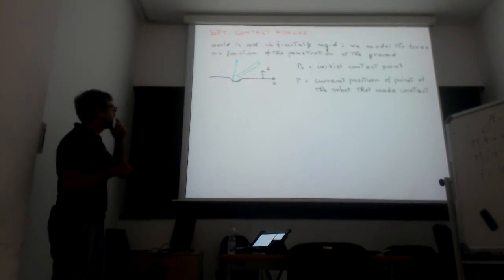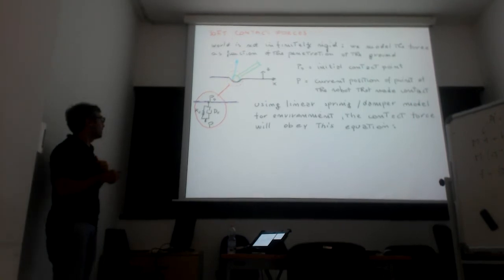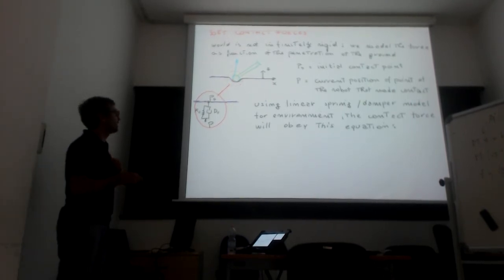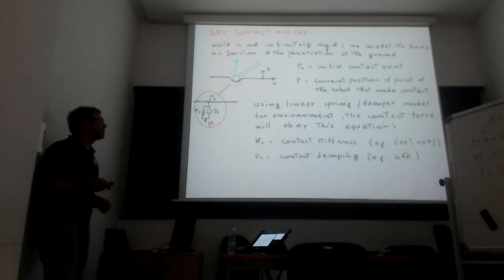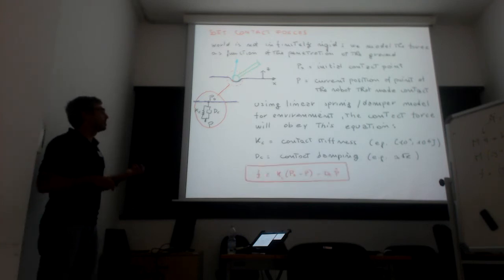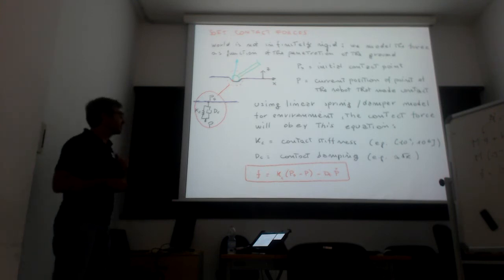So if you think about the initial point in which the end effector touches the environment and the current position of the end effector whenever it's penetrating the environment, then using a linear spring and damper model for the environment, we can compute the contact force knowing the penetration inside the environment of the end effector.